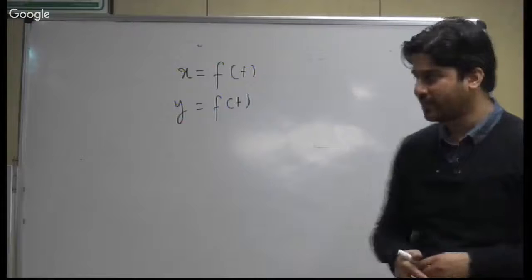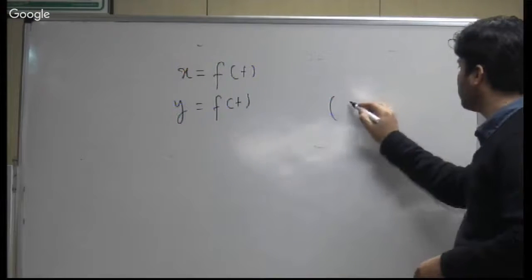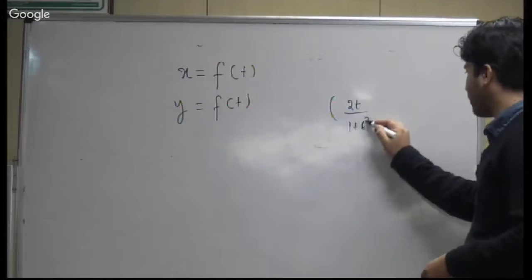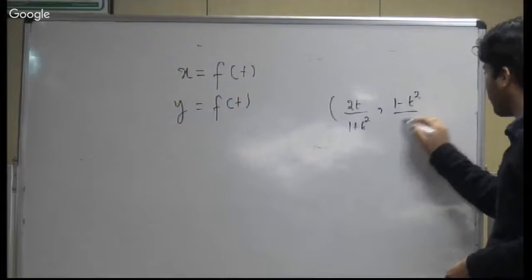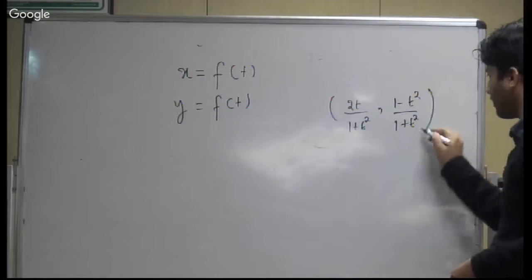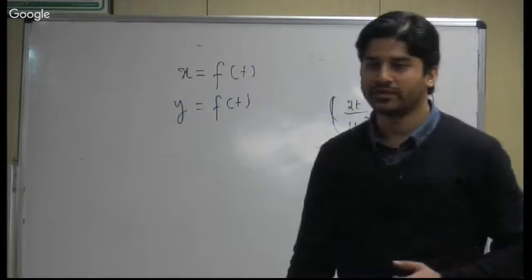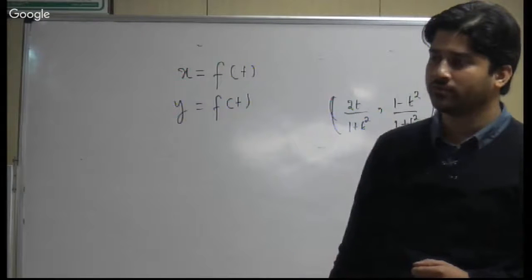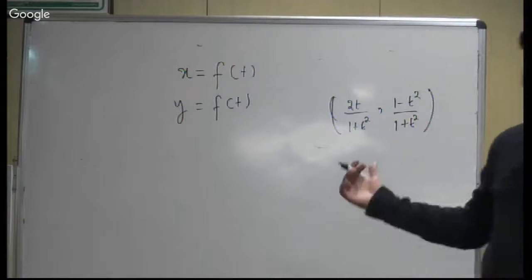As for example, if I say 2t upon 1 plus t square, comma, 1 minus t square upon 1 plus t square. If I say this is my xy, what will be the algebraic locus of this parametric locus? The idea is I have to eliminate t. How to go for it?